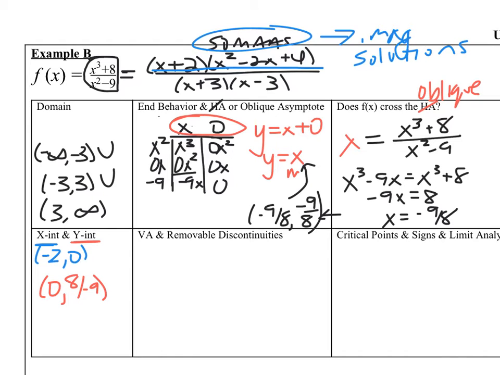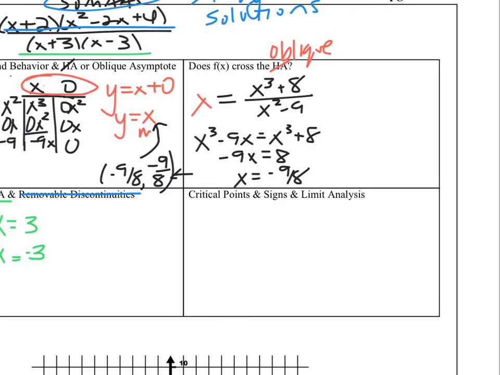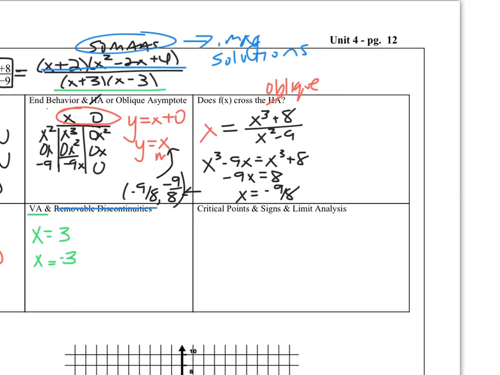We didn't have any removables, so my vertical asymptotes come from the denominator equal to 0, so x equals 3, x equals negative 3, not negative 9. There we go. We'll do our sign chart analysis over here. So what do we have? Yuck. Okay.